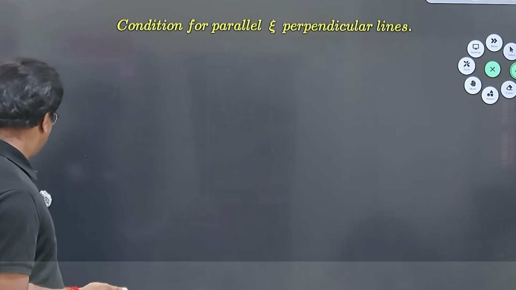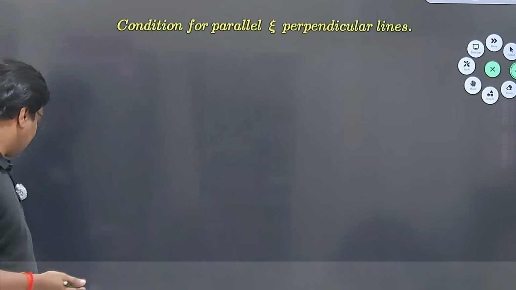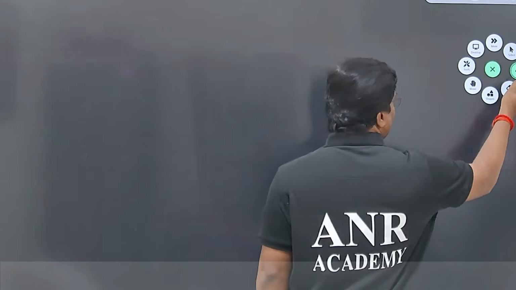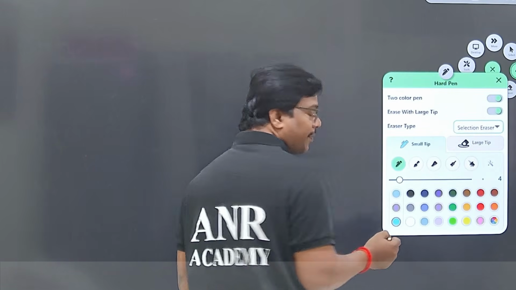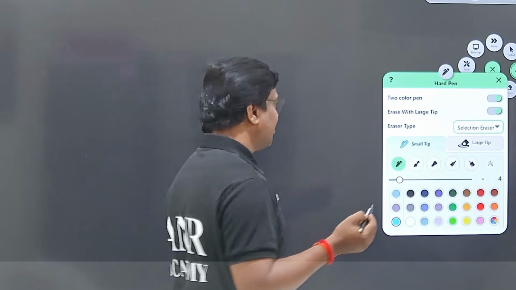And then we go for the condition for parallel and perpendicular lines also. First, see the relation between real slope and complex slope.